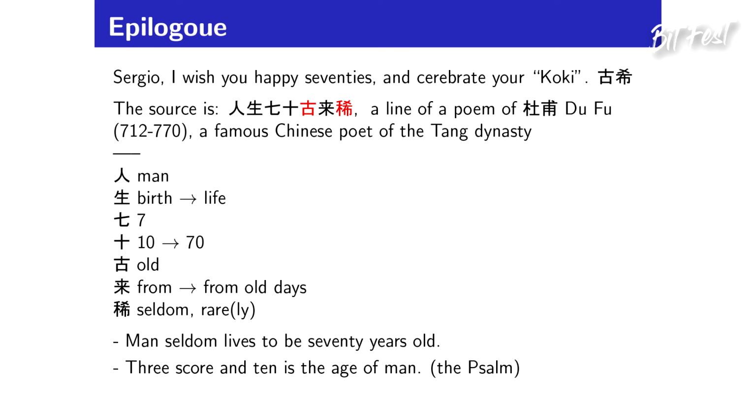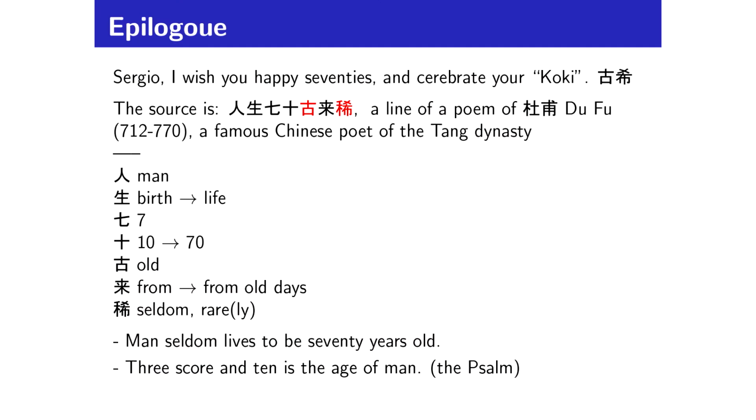Put together, 70. And this means old, we call it ko. And this actually means come and go, but in this case, from. Put together, we have from old days. And this means seldom. So a translation goes this way: man seldom lived to be 70 years old. So why not celebrate people who got to their 70s?